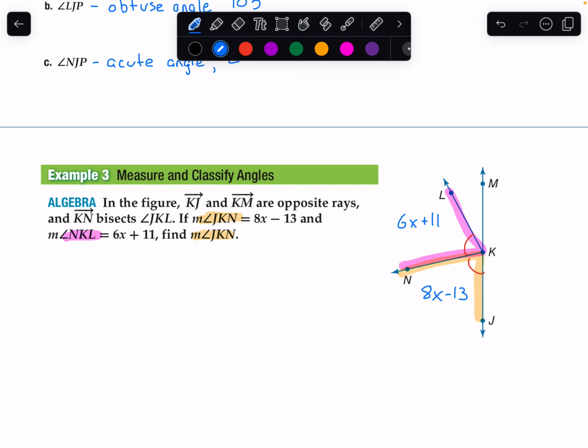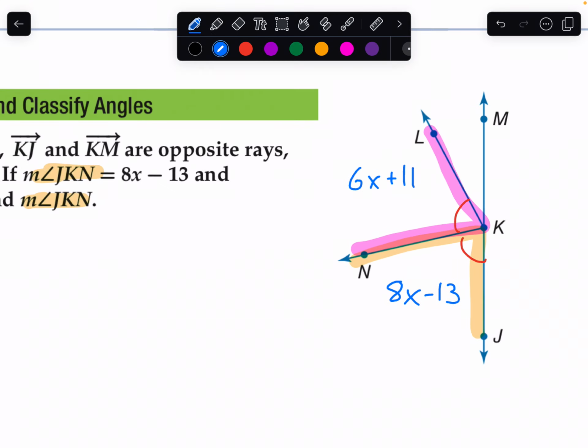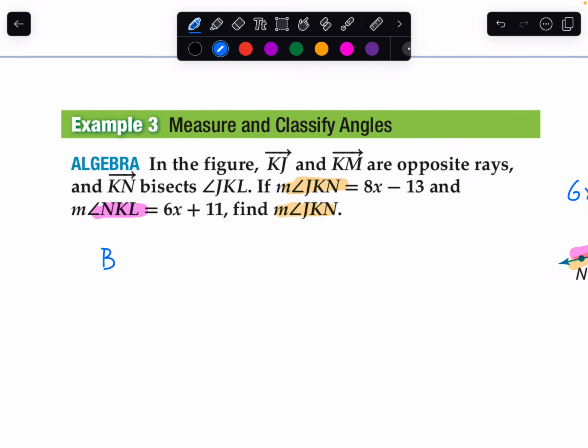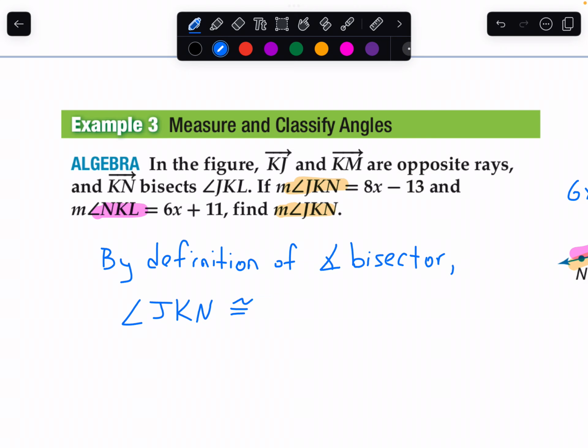Well, as I already pointed out, based on that bisector, these two given expressions represent two measures of congruent angles. So by the definition of angle bisector, angle JKN is congruent to angle NKL.